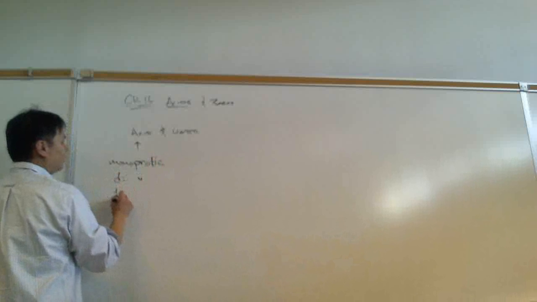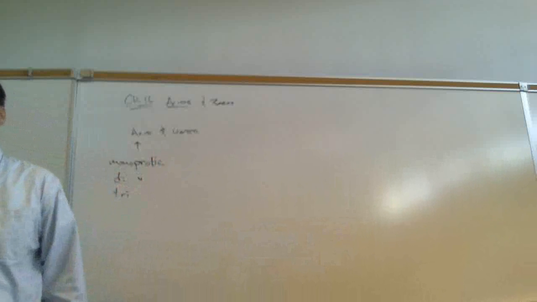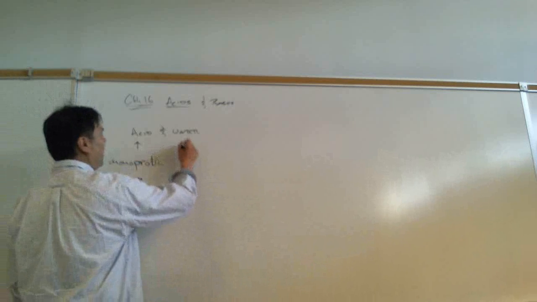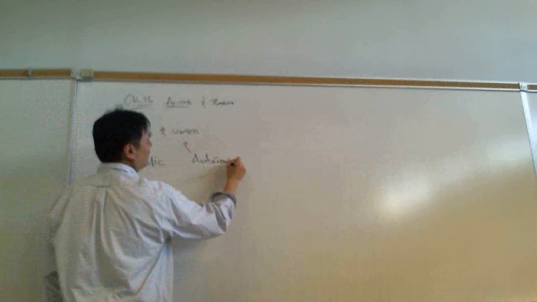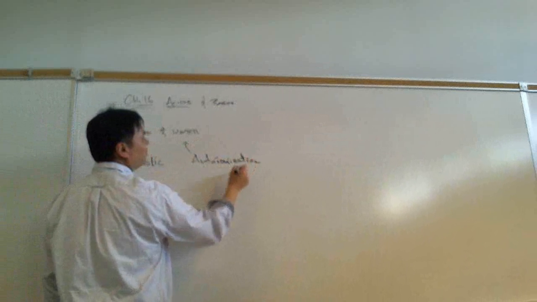If you have a triprotic acid, then it's three acidic hydrogens you have to worry about, and all the equilibria happening there. And then water itself has something called autoionization, so you have another equilibrium there.